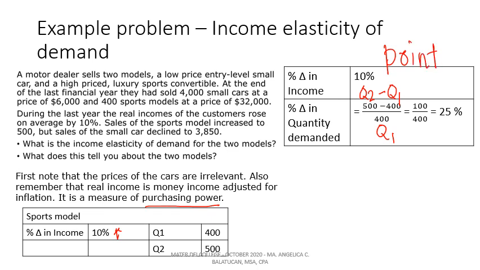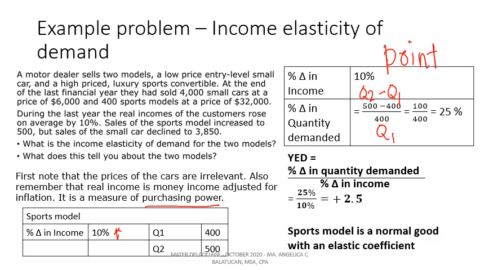So we did not average our denominator. So substitute, so we have 25%. This is an increase, right? So we have the increase in the quantity because from 400 it became 500, and the income also is an increase. So the answer is a positive 2.5.